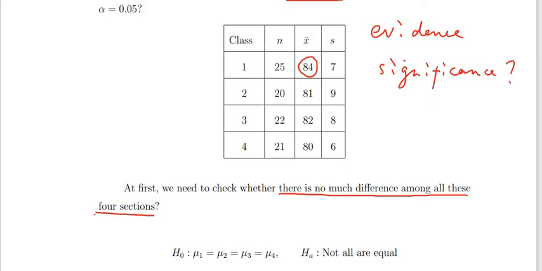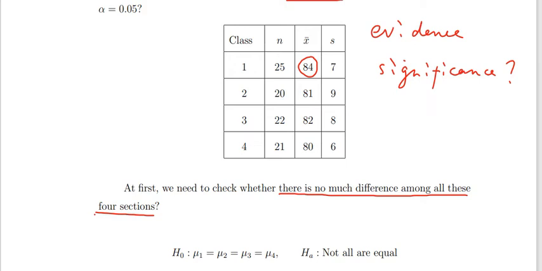If there is no much difference, then we cannot say class 1 is better than class 2, or better than others, or we don't need to compare those classes. Essentially they are quite the same. So saying this one is better than another one is meaningless, right? So at first we need to check this.